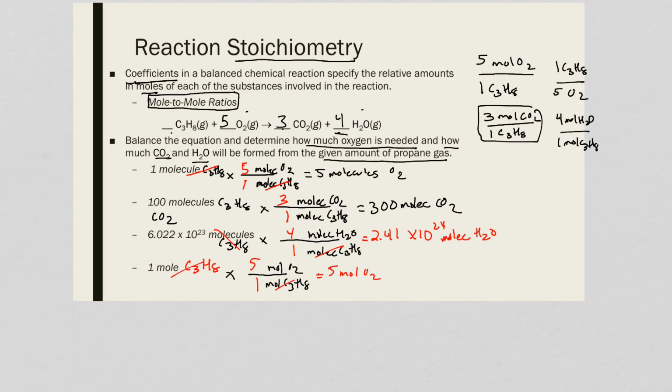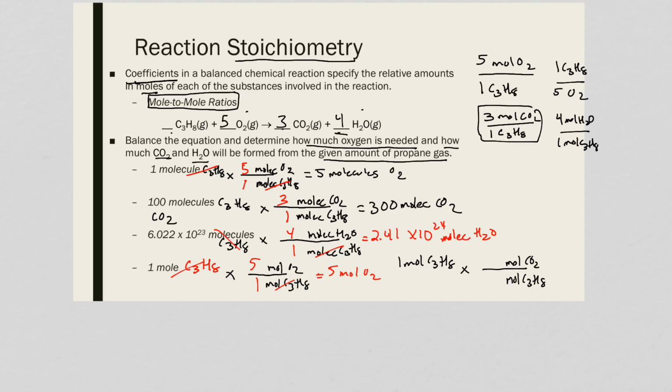Now, I can do this with each of them. So if I start with, again, 1 mole of C3H8, and let's say that I want to focus on moles of CO2 this time, I need moles of C3H8 on the bottom to cancel.